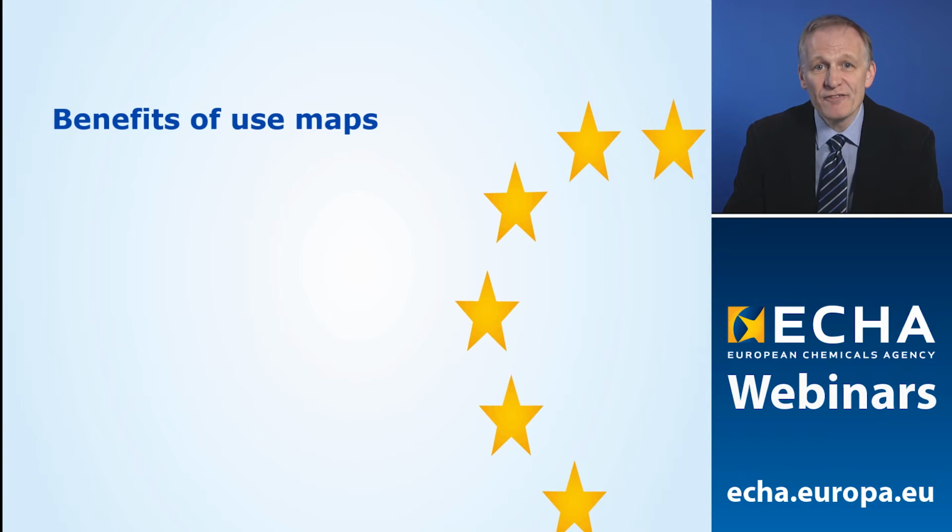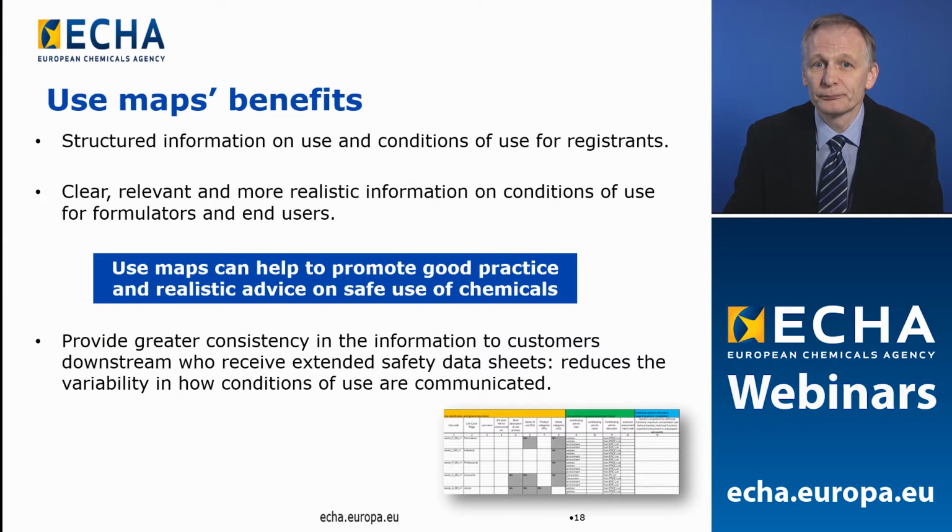So, investing effort in sector use maps can bring many benefits. For a registrant, they provide structured information on use and conditions of use for your chemical safety assessment, chemical safety report, exposure scenarios, and safety data sheets. Use maps can help to avoid the over-reporting of uses, or indeed missing important uses.